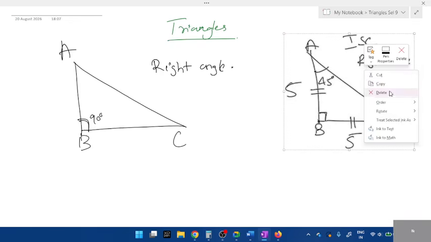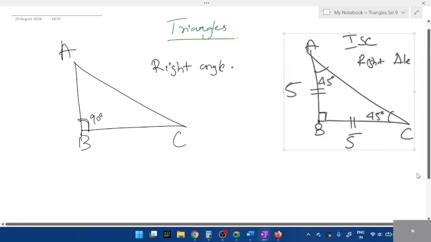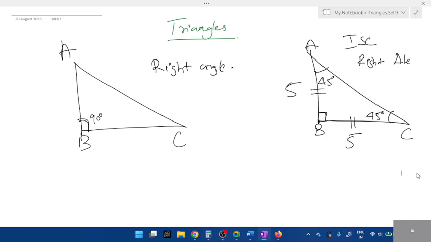Is it clear, or are you done? Right angle. The other one is isosceles right angle.